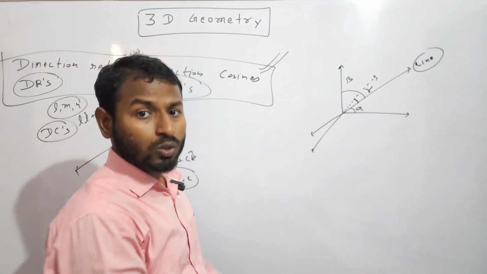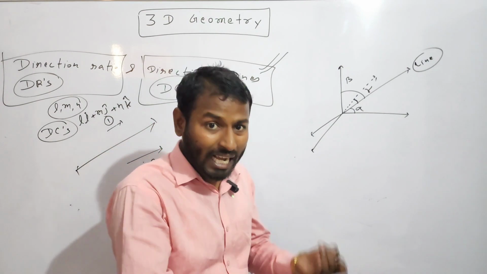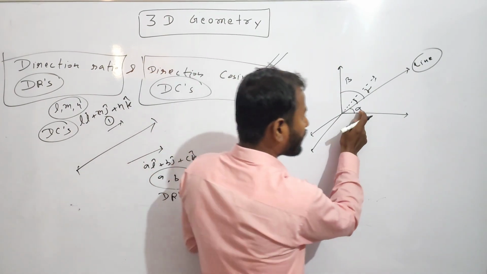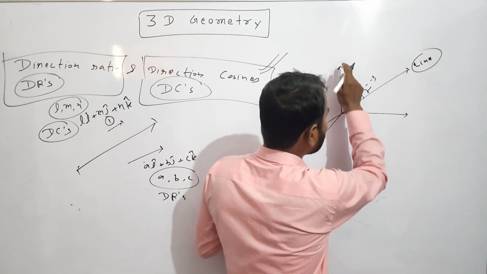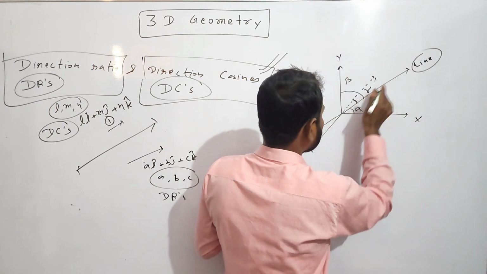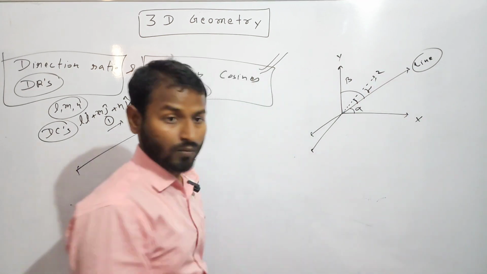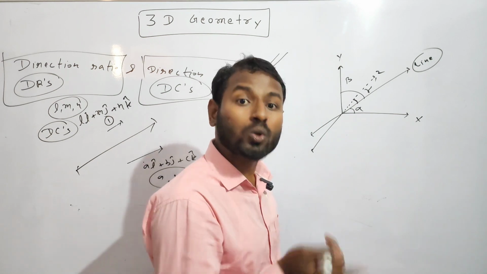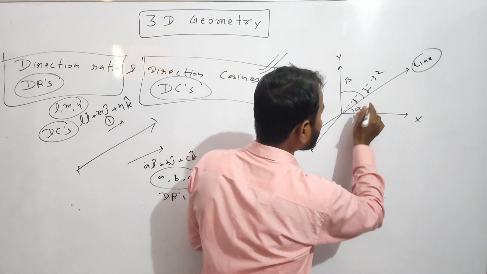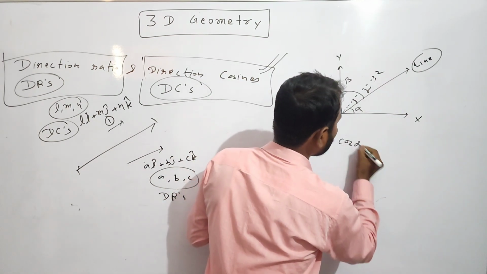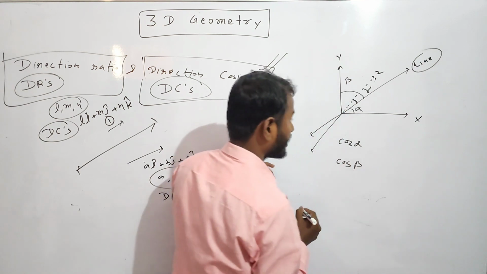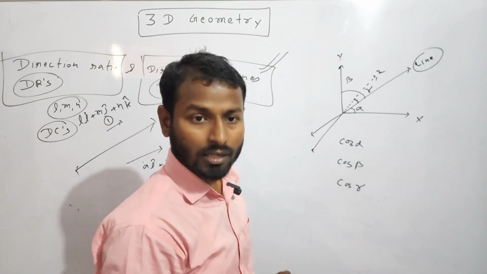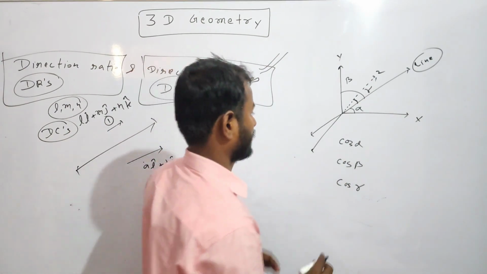A line in 3D must form some angle with the x-axis, y-axis, and z-axis. The cosines of these angles, cos alpha, cos beta, and cos gamma, are called direction cosines.